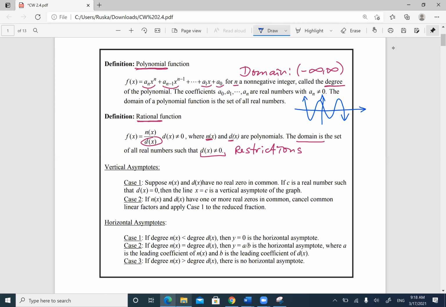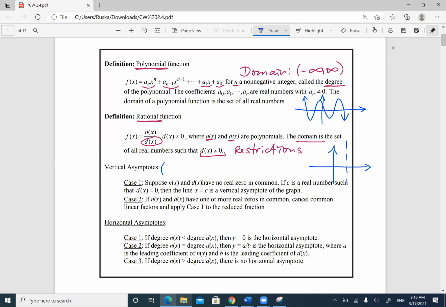A rational function, on the other hand, has restrictions. Because of the restrictions, there's going to be a vertical asymptote. The vertical asymptotes are places where there is no graph, and a vertical asymptote looks like a vertical line. It could be one or two vertical lines, depending on how the denominator looks, on how many restrictions you have.